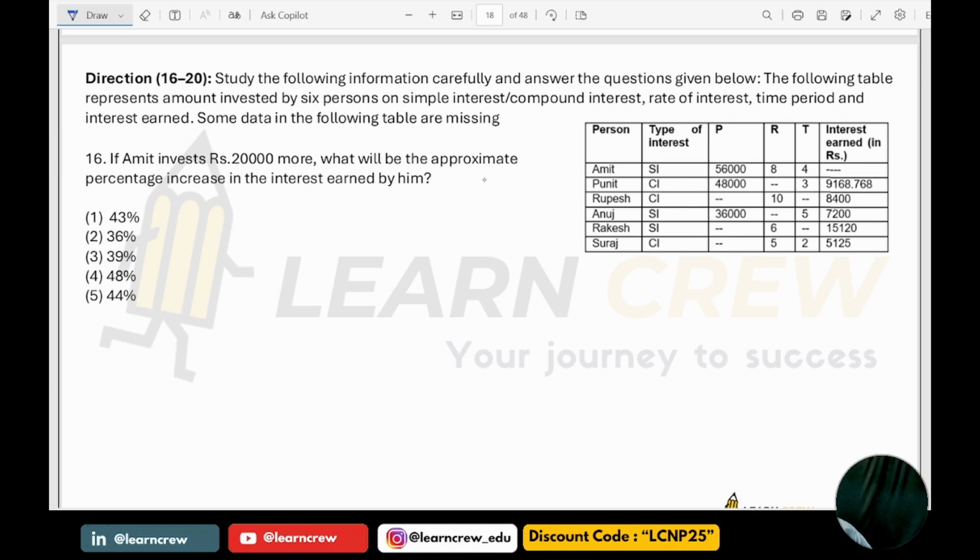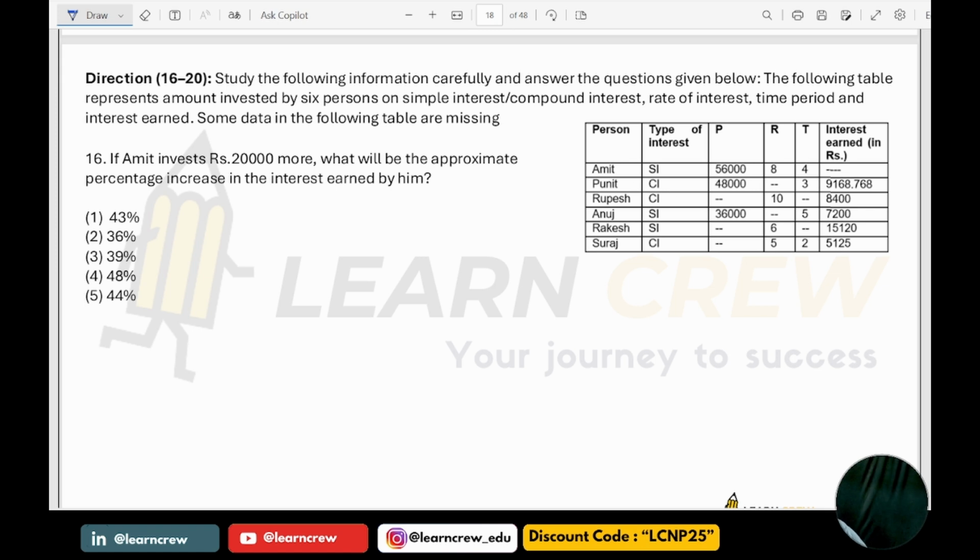Here, see, the following table represents the amounts invested by 6 persons on simple interest and compound interest. The rate of interest, time period and interest earned are given. The persons are Amit, Puneet, Rupesh, Anuj, Rakesh and Suraj. If Amit invests 20,000 rupees more, Amit's principal amount is actually 56,000.